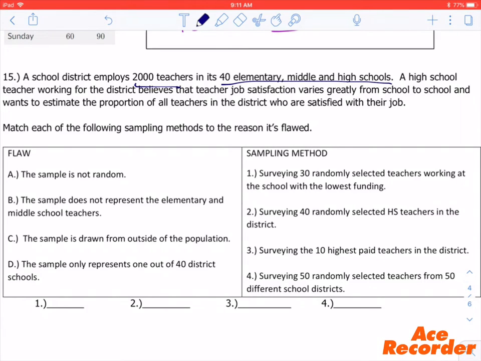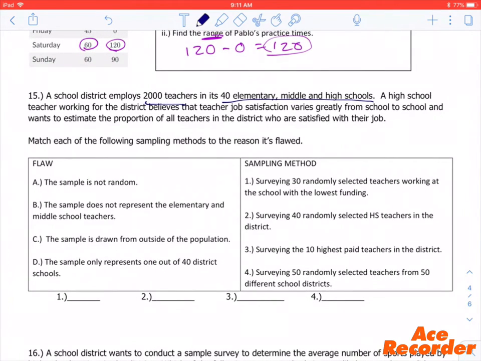A high school teacher working in the district wants to figure out the job satisfaction and thinks it varies from school to school. So it wants to estimate the proportion of all teachers in the district who are satisfied with their job. So there's a few sampling methods to the right here. We've got to figure out why these are flawed. What makes these not good sampling methods?